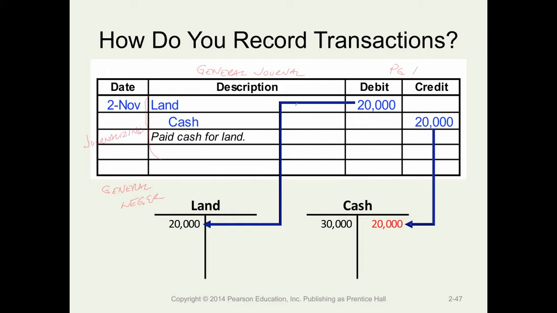And the process here is posting to the general ledger. Okay, so posting to the GL or the general ledger.